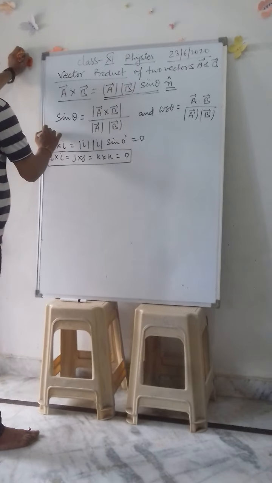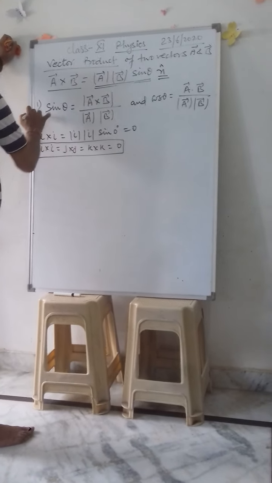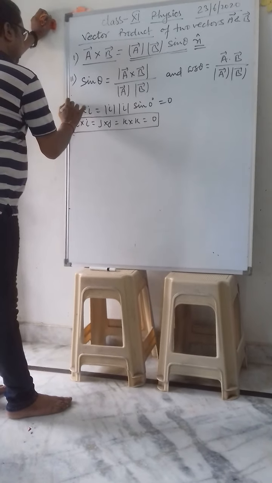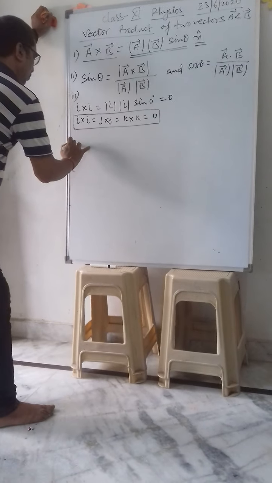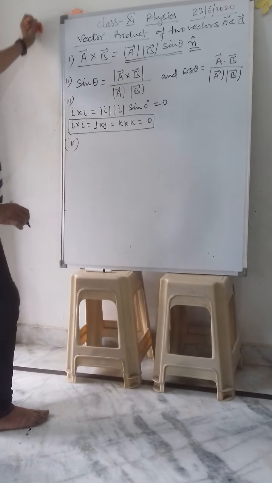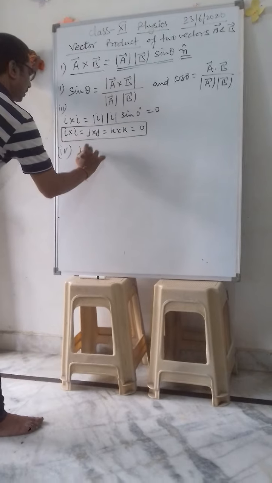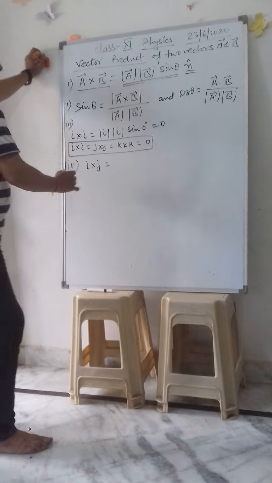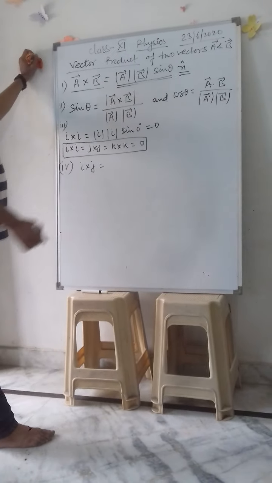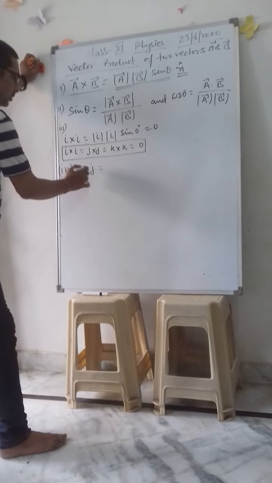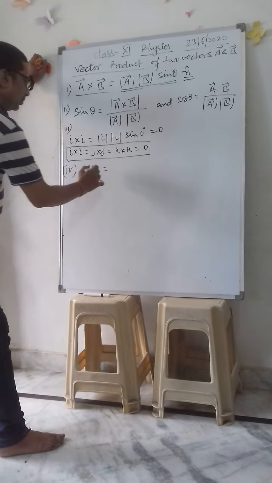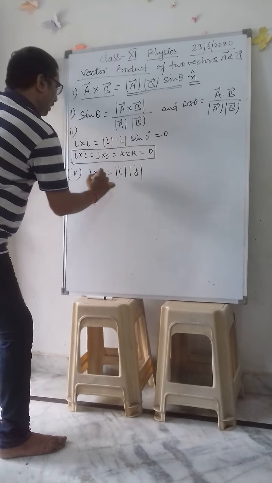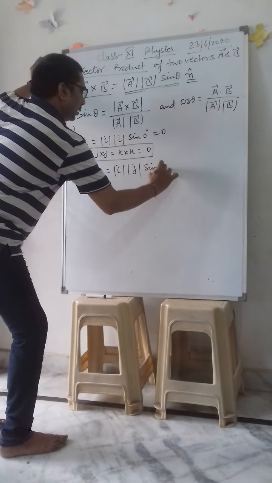Now another formula. This is the third formula, and fourth formula, important formula for the cross product, as I cross J. How much? Here we can write I, J, K are the unit vectors. So I cross J equal to mode of I, mode of J and sin 90 degree.